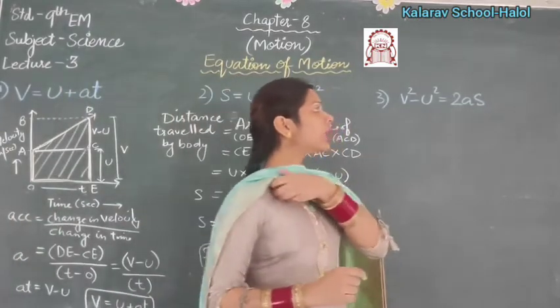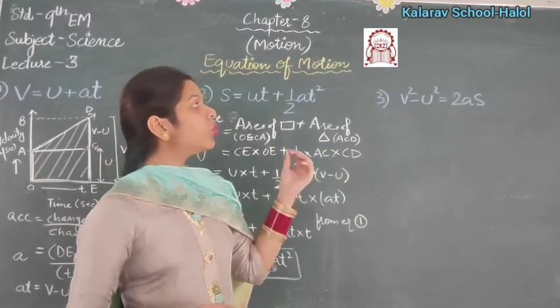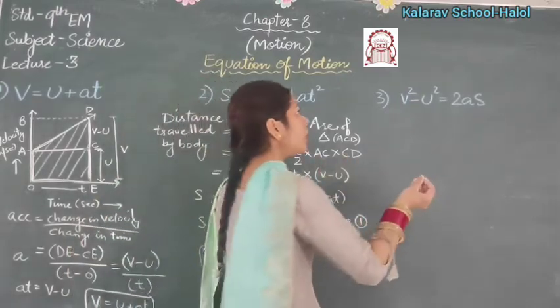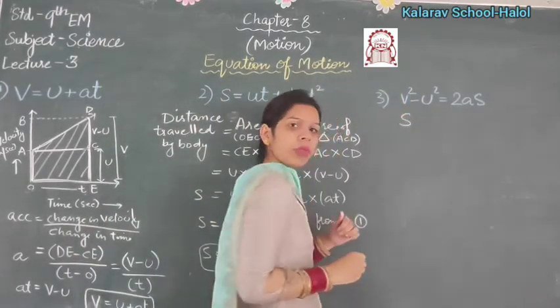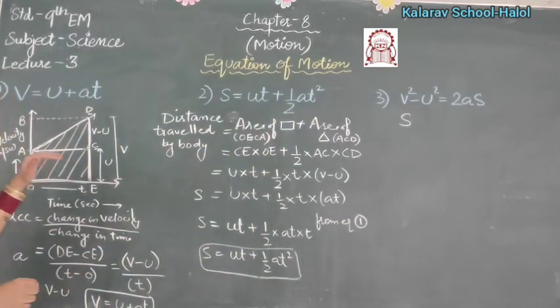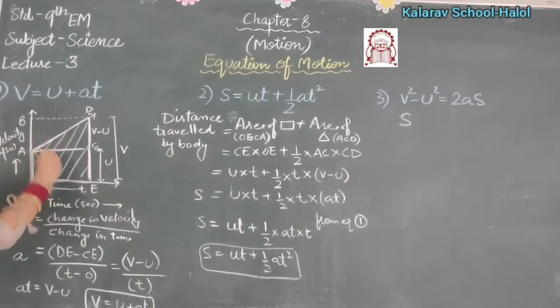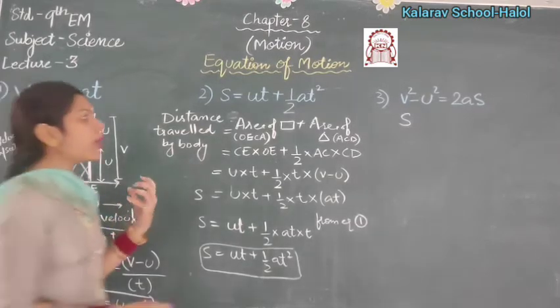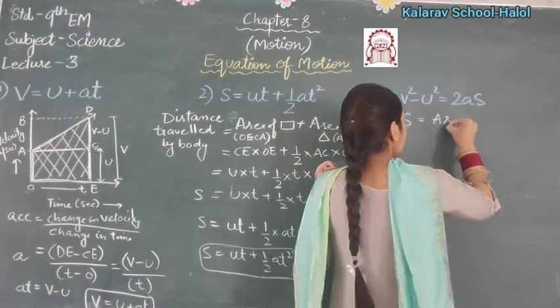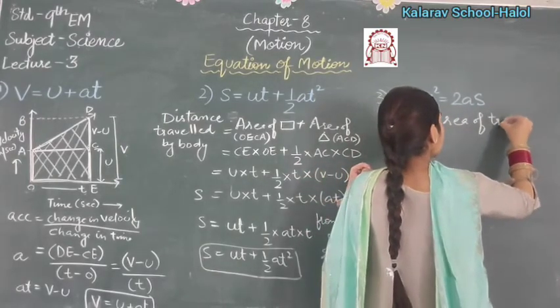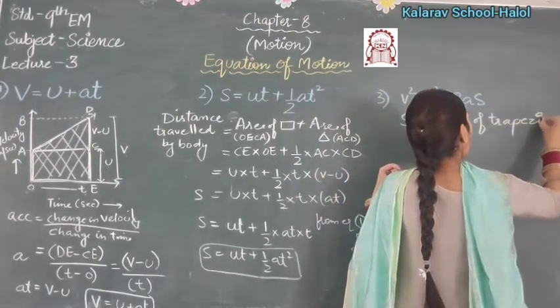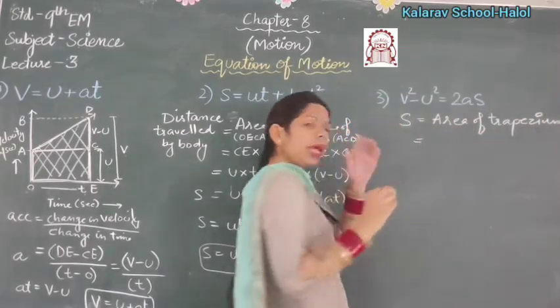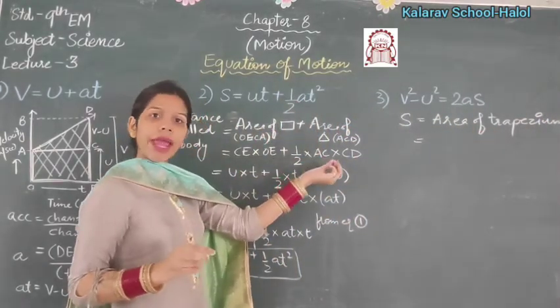Next is v square minus u square equals 2as. Here we have to calculate s. Similarly, from the velocity-time graph you can calculate the area under the curve. The area under the line is a trapezium. So s equals the area of the trapezium, or you can also calculate it as rectangle plus triangle.